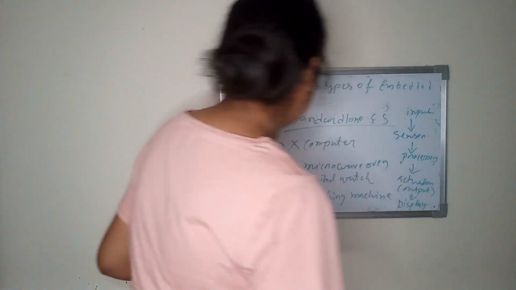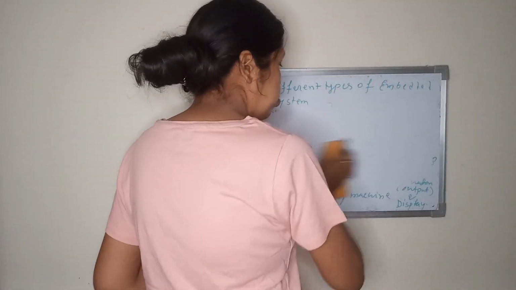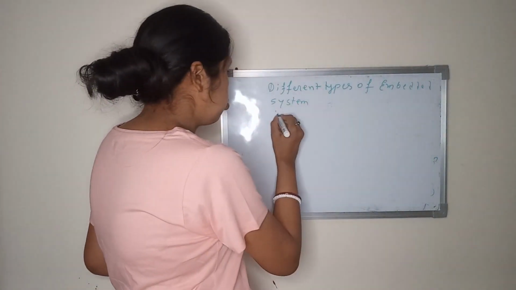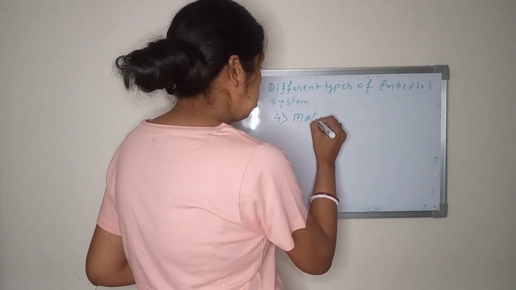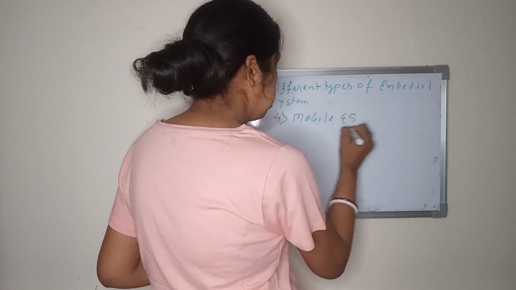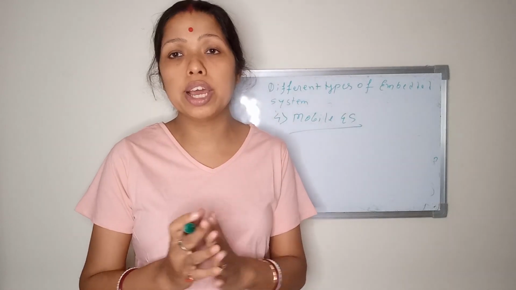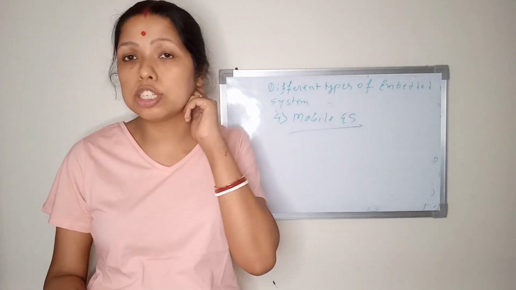Last but not least, the last example is the mobile embedded system. Normally, an embedded system related to mobile means inside the mobile we can build such an embedded system circuit.